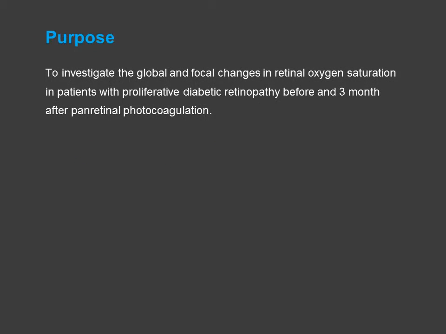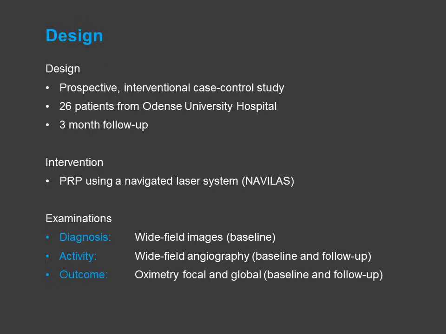Purpose of the study: the main purpose was to investigate the changes in the global and focal measurements in these patients before and 3 months after the intervention, being laser treatment. The design was a prospective interventional case control study. We had 26 patients, a 3-month follow-up.